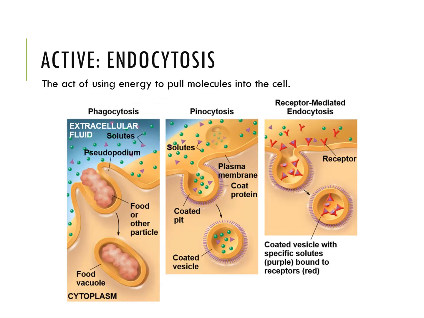All right, so getting into active transport, there's several different types. So we have endocytosis, and then there's several different types inside of that. Phagocytosis is when you bring in food or very large molecules into the cell. Pinocytosis is normally like water or gases or smaller molecules coming into the cell, and we're creating a vesicle with those inside.